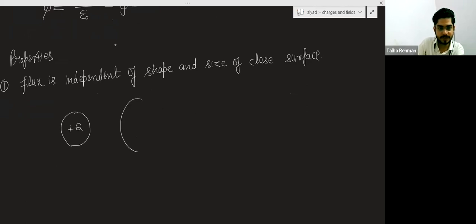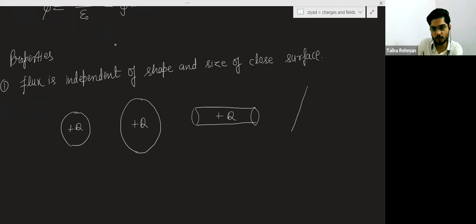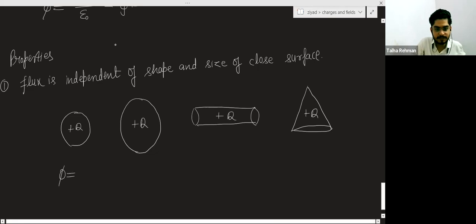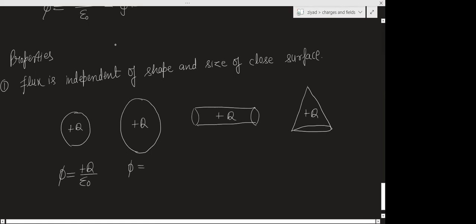Suppose you are having a bigger sphere, this also contains a charge plus q inside. Suppose you are having a cylinder, this cylinder is also containing the charge plus q. Suppose you are having a cone, this cone is also a closed surface containing the charge plus q. From all these surfaces, the electric flux will be plus q divided by epsilon naught.